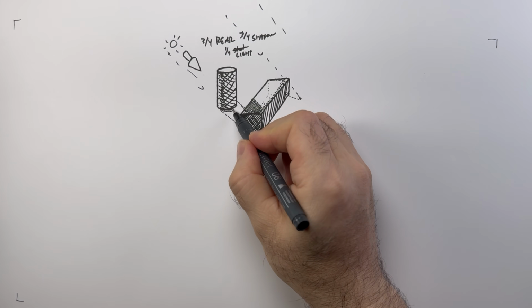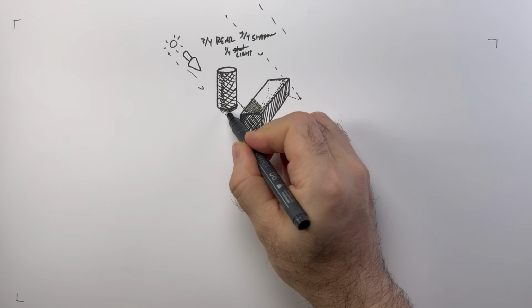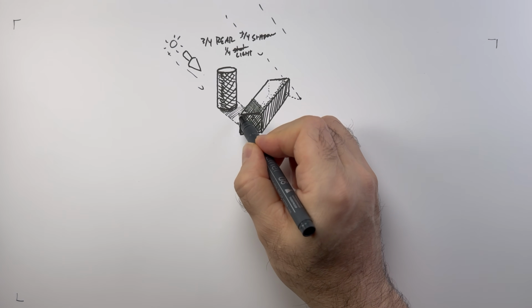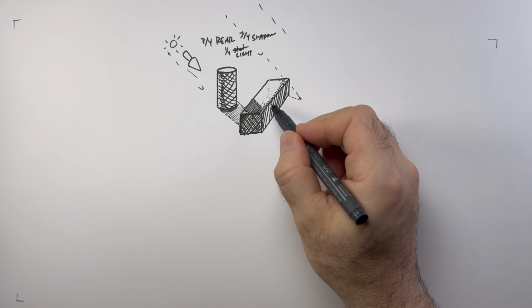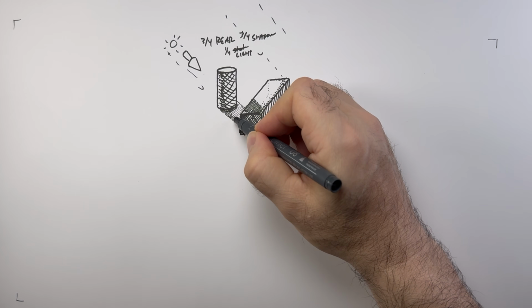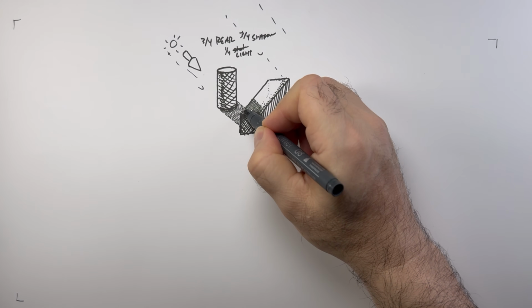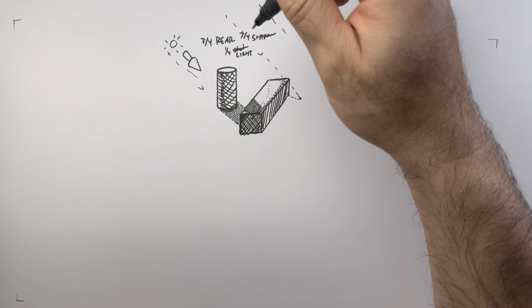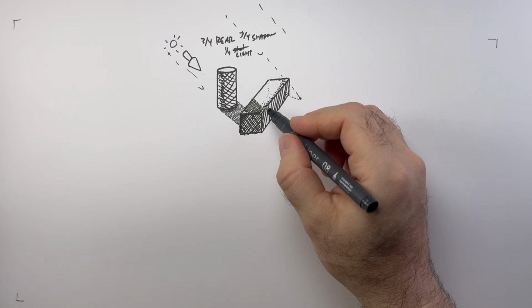We add our occlusion shadow, right? This is the absolute darkest. And we have our cast shadow before it hits the form, which is the cube, and then we have the shadow after it hits the form on the cube.